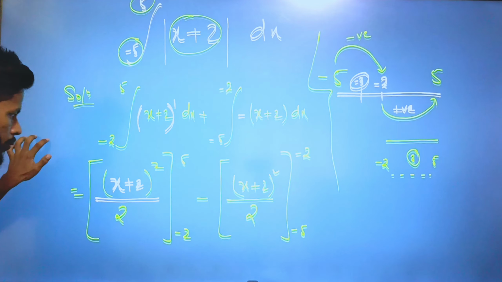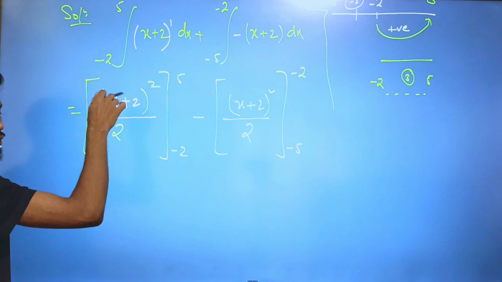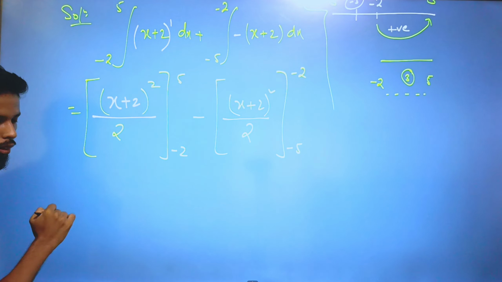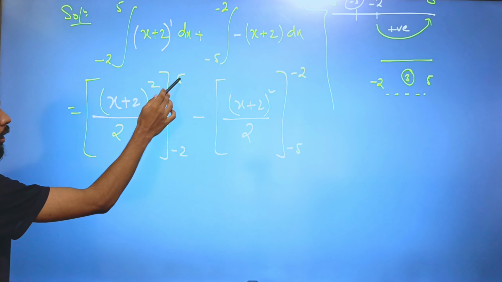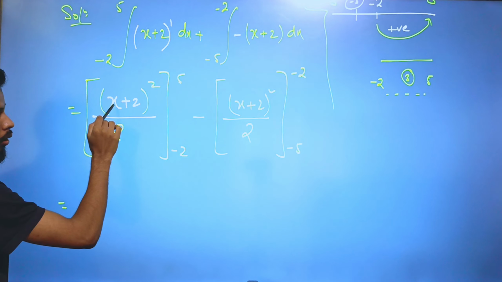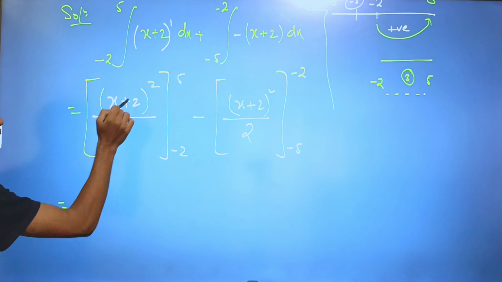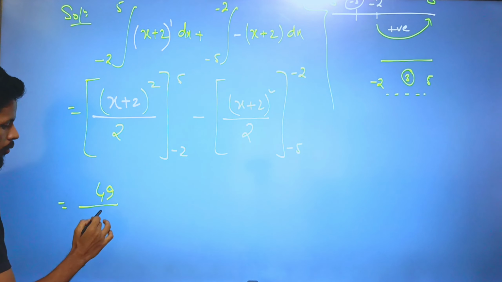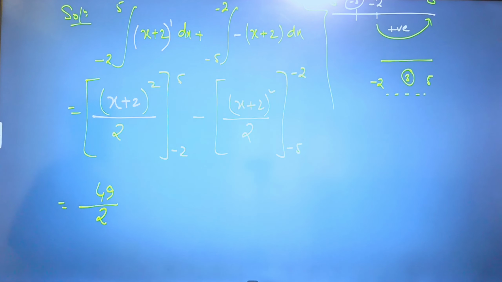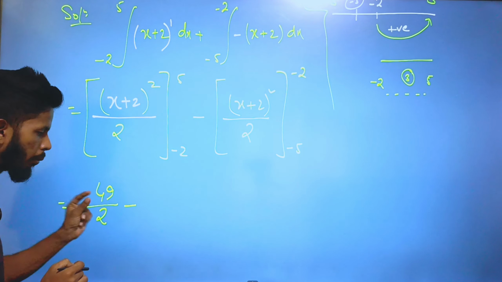Okay, now the formula is upper value minus lower value, right? So if I put the upper value here, x equal to 5, it will give us 5 plus 2, that is 7, and 7 square is 49, and we have 1 by 2. Now upper value minus lower value.